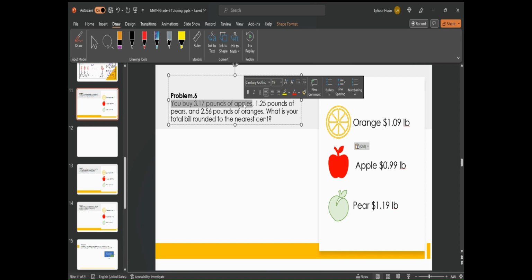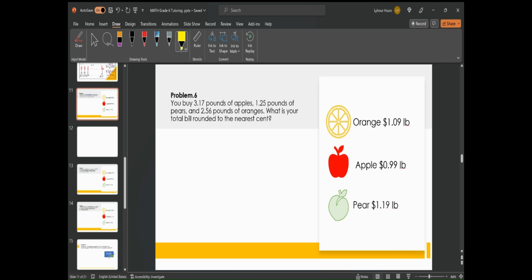But here, for the apple, the orange, the pear, the weight in kilograms or pounds can have decimals. Like 3.17 pounds of apples, 1.25 pounds of pear, 2.56 pounds of orange.